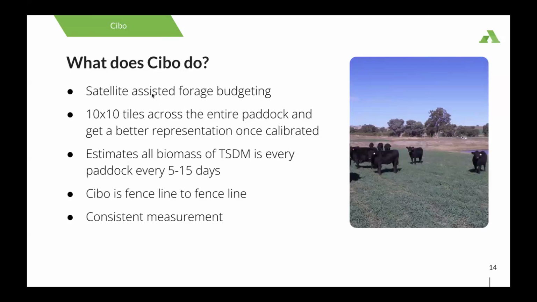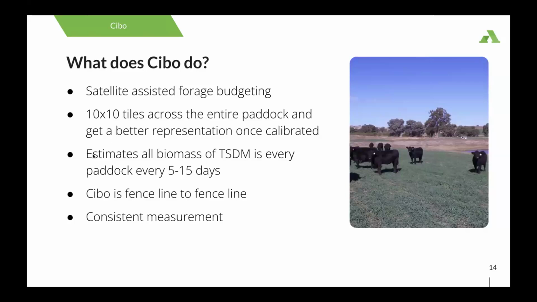SIBO is satellite-assisted forage budgeting. What SIBO does is capture 10 by 10 tiles across the entire paddock. So instead of just getting a couple of samples from a paddock to see what feed on offer you have, they're taking a picture of every 10 by 10 square of the entire paddock, so you get a really good representation of that entire paddock.